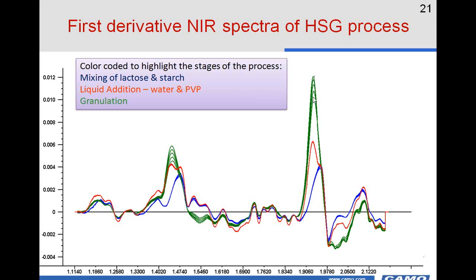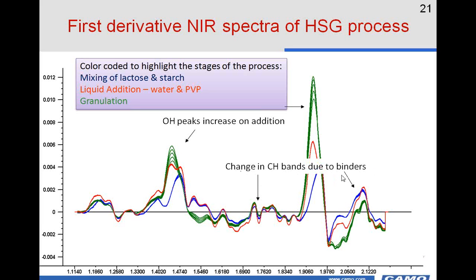You can see that there is more variation in the granulation phase than in the other ones. So here we have the OH peaks that increase when there is the addition of water. And the CH bands are changing as well due to the binding.